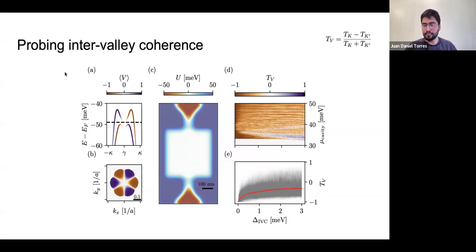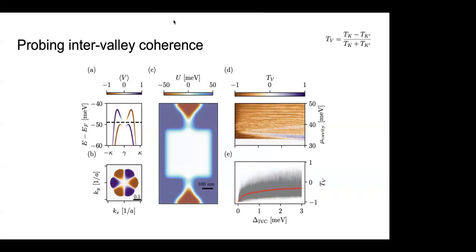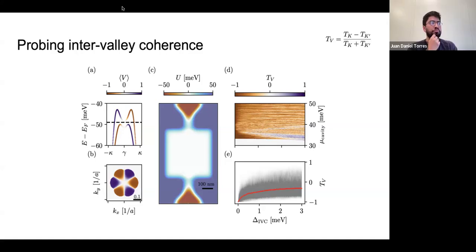And in the computations, what do you assume about the scattering processes that change the valley state, or scattering processes at the edges? How do you describe them? We assume that the samples are ballistic, so we have no scattering from the edges.